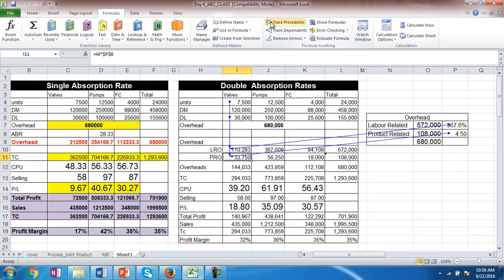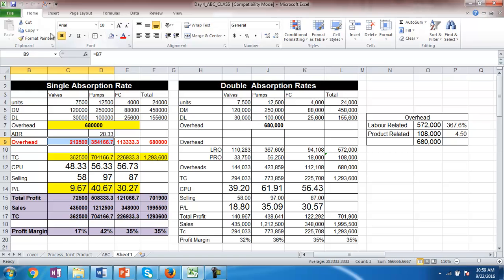Instead of one absorption rate, we use two absorption rates. So the double absorption rate has given the volume is not the cost driver, but there are other cost drivers too, and that is the labor cost. So depending on the nature of the overheads, we determine the overheads.